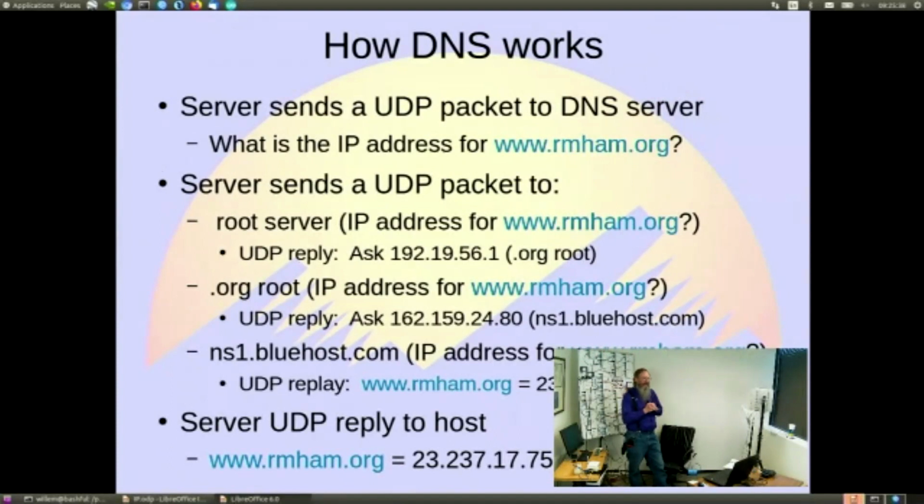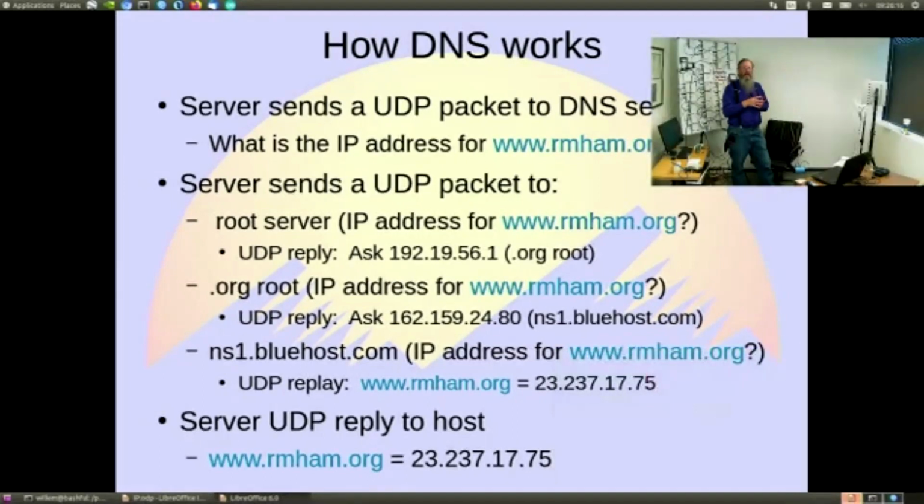It sends a single IP packet to that root server and says, I need to know the address of www.rmham.org. What that root server will reply is to say, I don't know, but go ask 192.19.56.1, which is the .org root server.